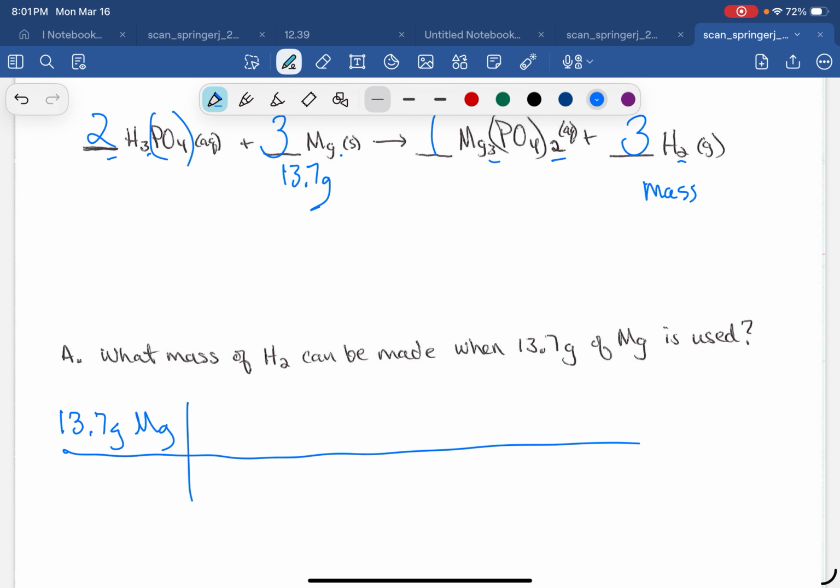I draw my train tracks, as they sometimes call this. I need the molar mass because I've got to convert to moles, right? It's balanced equation, convert to moles, find over given, convert back to grams, or whatever we're doing. So we've got the 13.7 grams of magnesium, and I need the molar mass, which is 1 mole Mg, which is 24.31 grams of Mg.